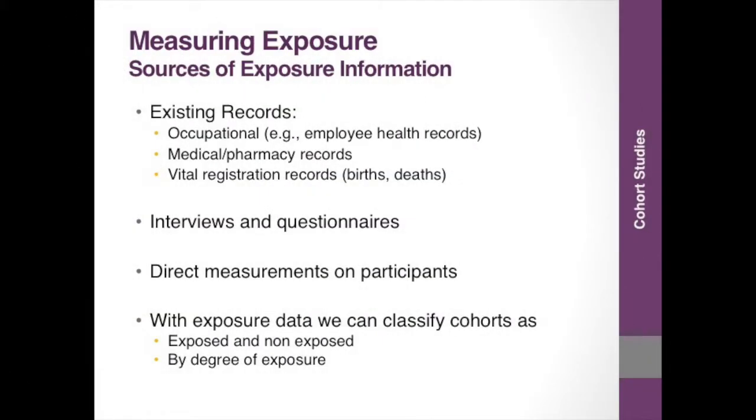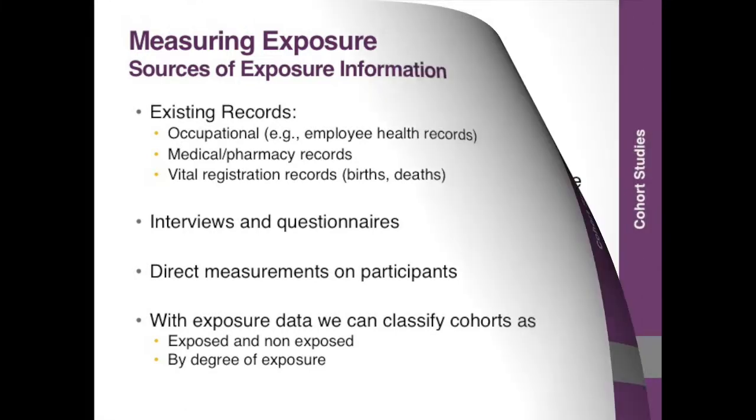Classification of exposure status is made by looking at different sources of information. They can be existing records, interviews, or direct measurements in participants. With this data, study participants are classified as exposed or non-exposed.